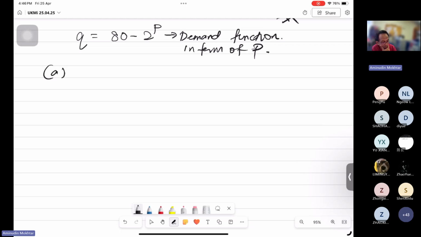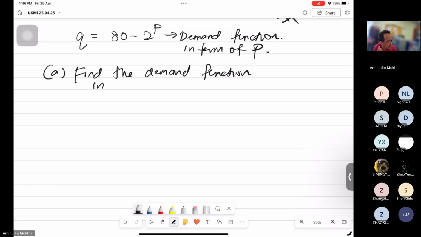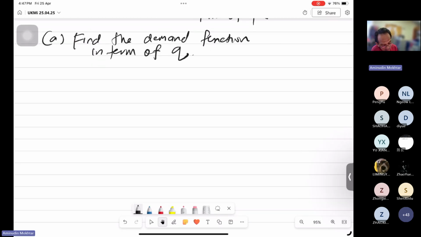The question is, find the demand function in term of Q. Because we have the demand function in term of P, now we need to find the demand function in term of Q. So what is the demand function given?